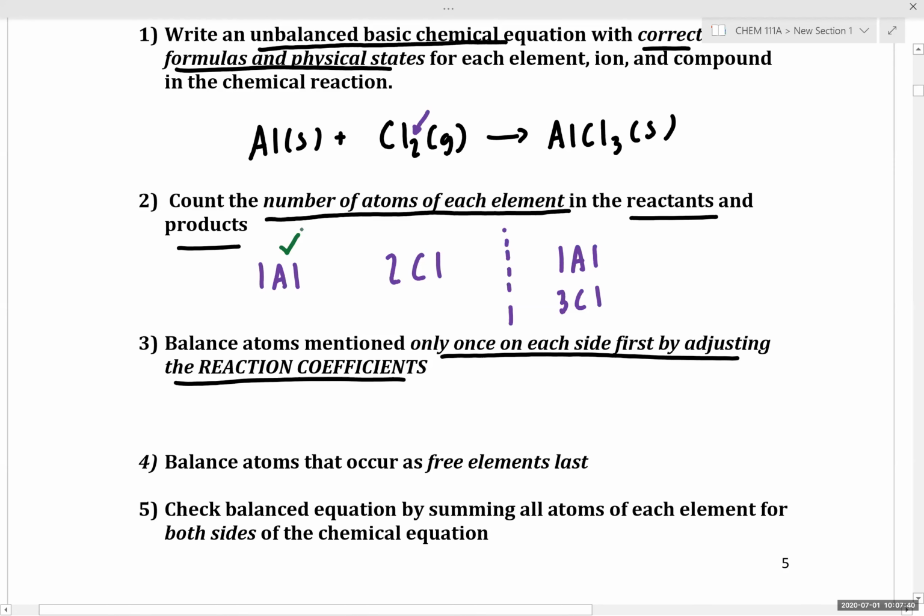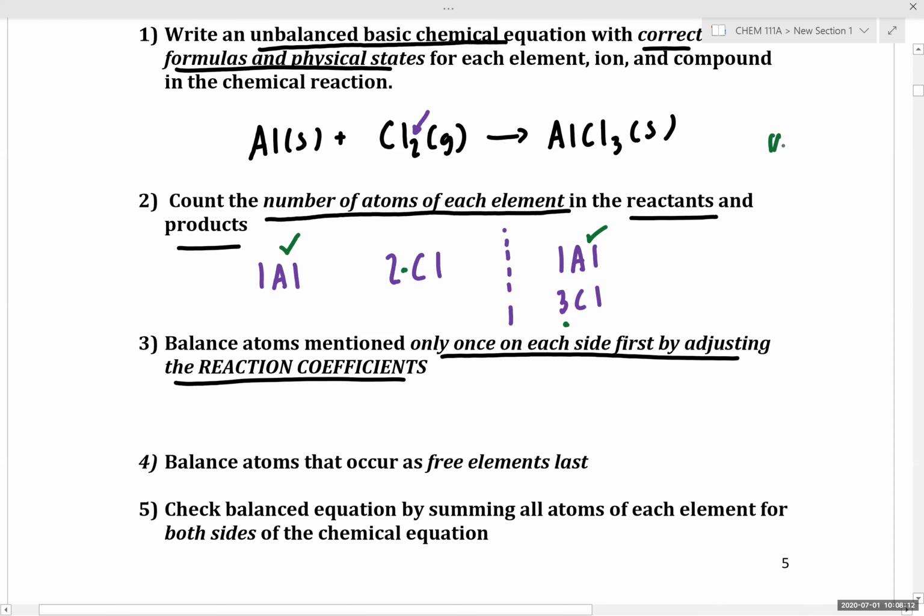I see we have the same number of aluminum atoms, so we have no issue there. For chlorine, we have different numbers of chlorine atoms. We'll talk more about the idea behind why we're choosing certain coefficients. But in order to balance chlorine, we need to find the smallest common number of atoms between 2 and 3.